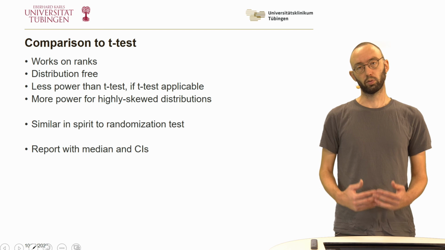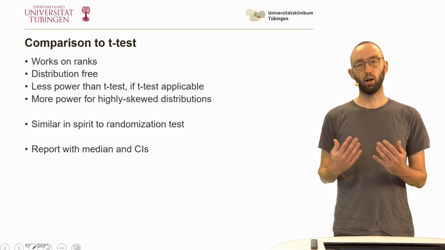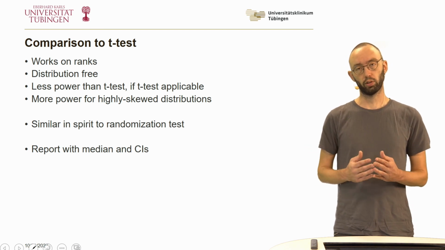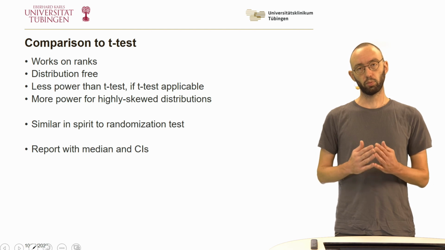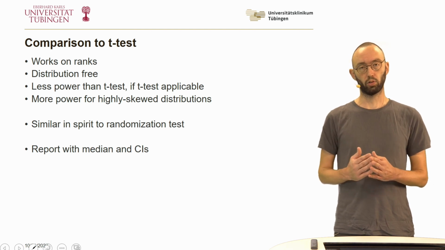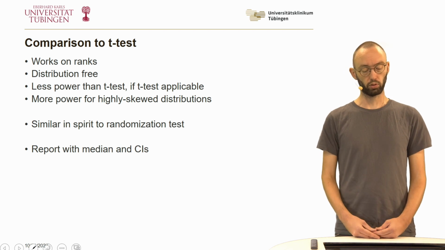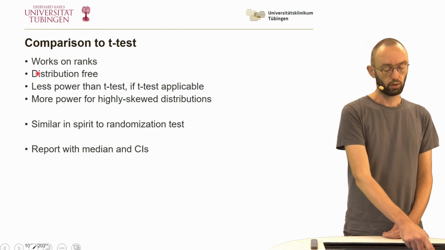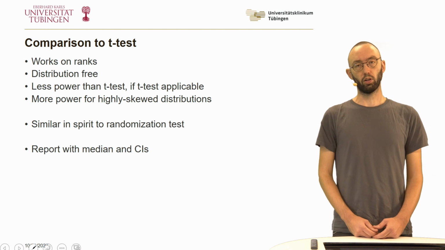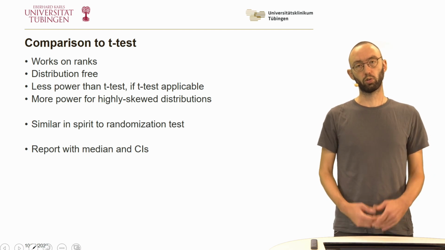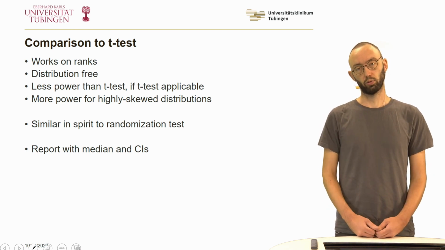So for the Wilcoxon-Mann Whitney test, it doesn't matter how much larger a certain point is. It just matters that it's larger. So you just need to know the relative order of the data points to compute it. Therefore, it's called distribution-free. So it does not make any distributional assumptions to compute its null distribution.